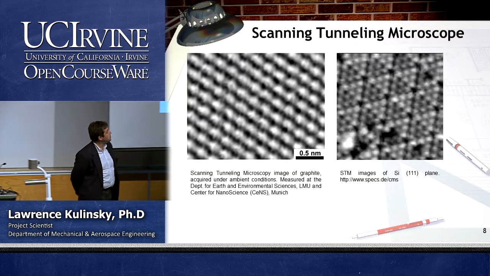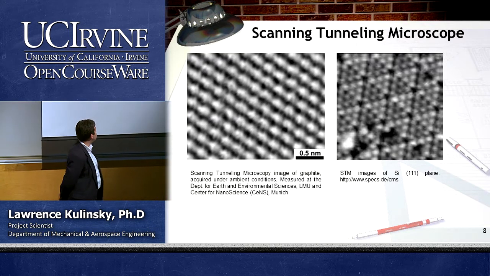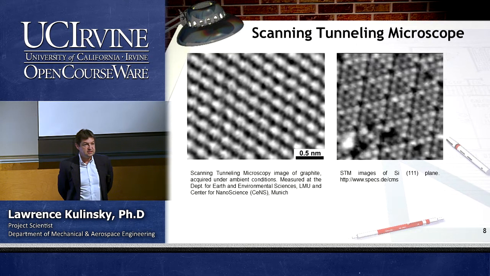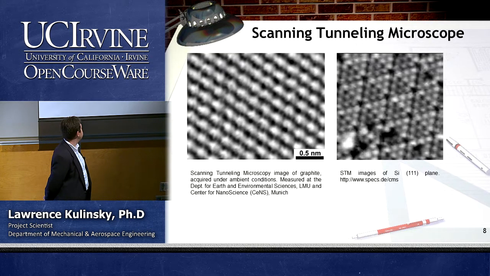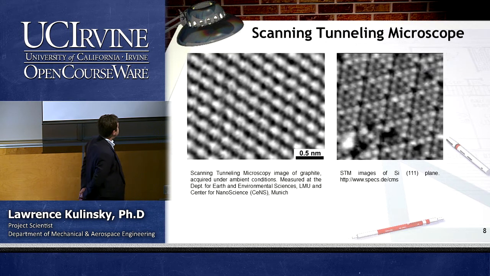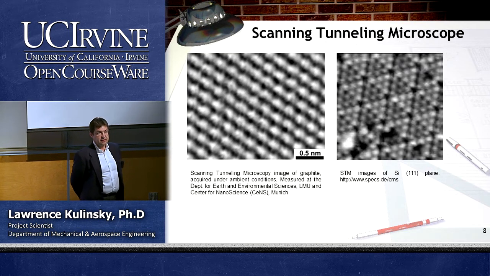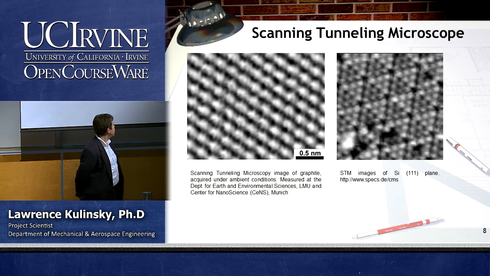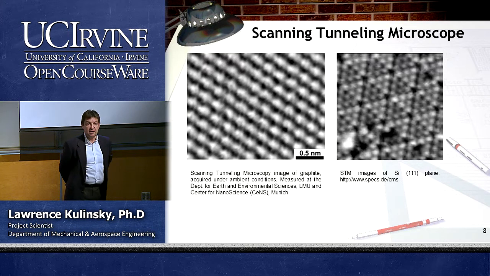Here, as you can see on screen, are 2 examples. On the left, you can see graphite. And on the right, you can see silicon 111, including, as you can see, some defects in the structure.